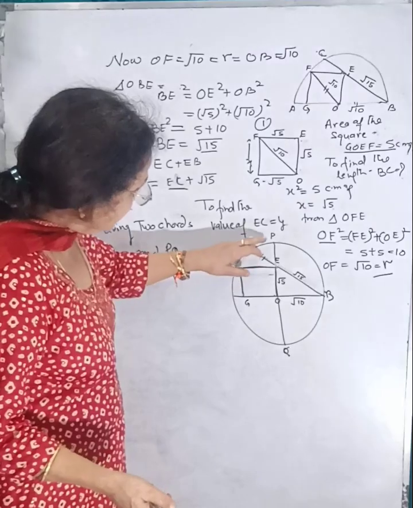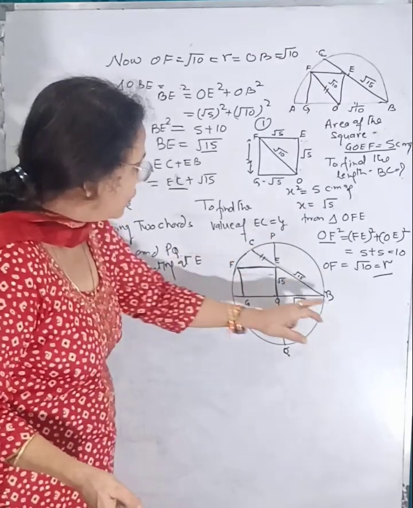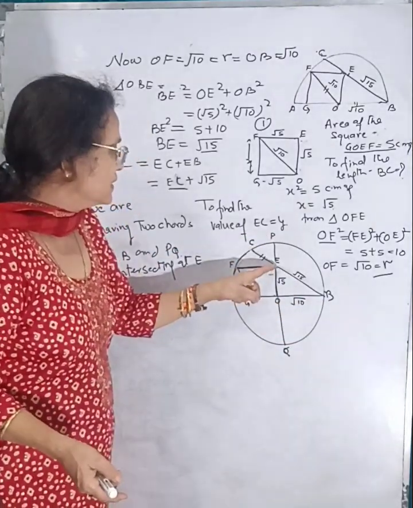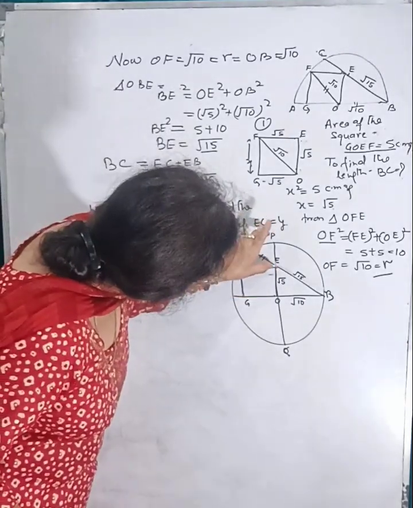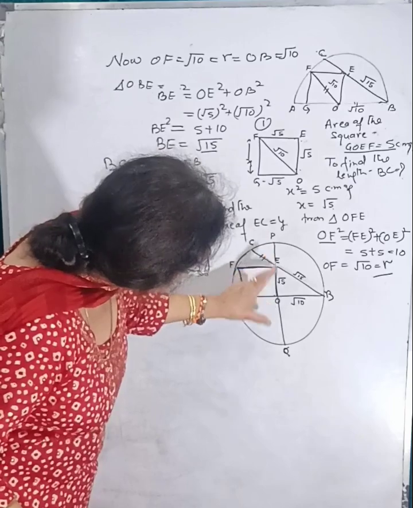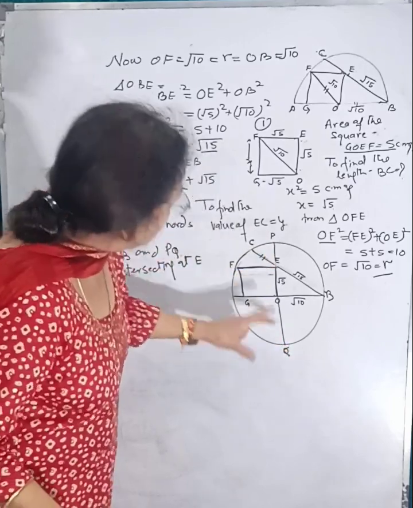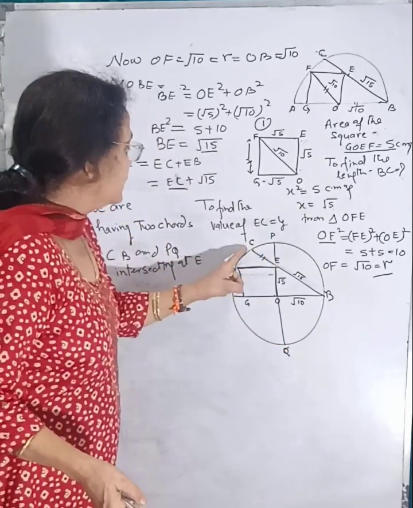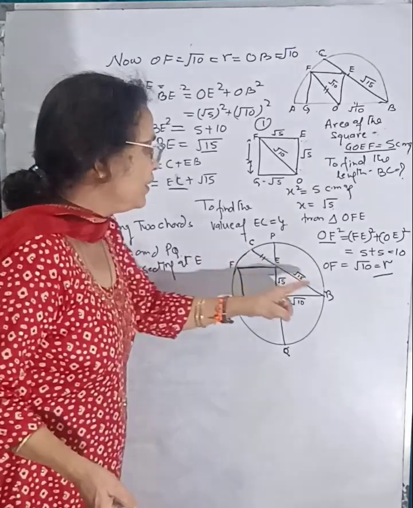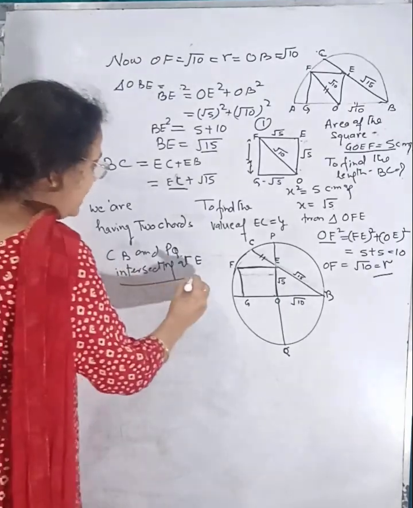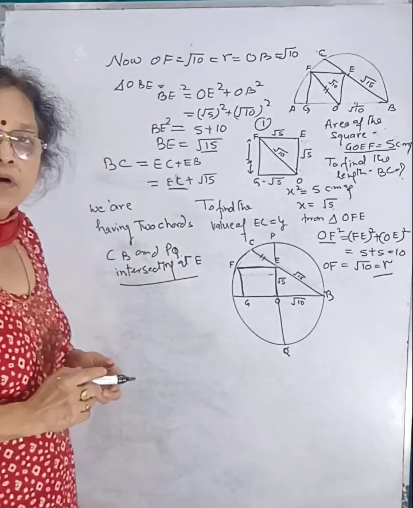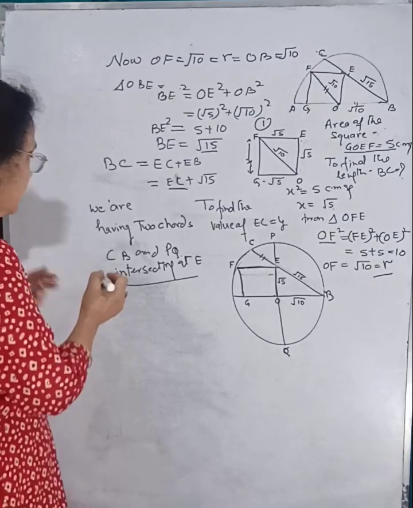It means this chord and this chord both are intersecting each other at point E. Then the segments of this chord PE into EQ will be equal to the segments CE into EB. So we have to apply the theorem of intersection of chords.